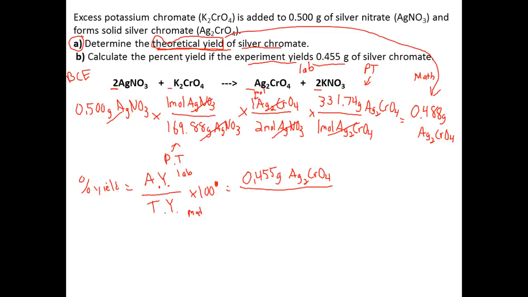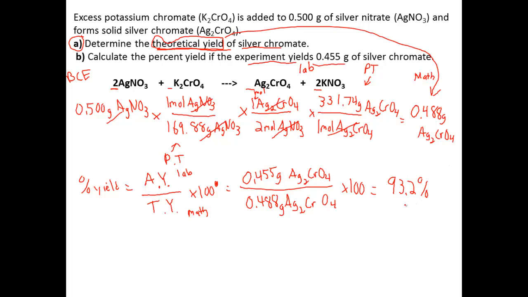And the math part, in theory, we were supposed to produce, if it all worked, 0.488 grams of silver chromate. Now at this point, multiplied by 100, we end up with percent yield to be about 93.2%. So as we're going, we actually produced 93.2% of what we should have done.